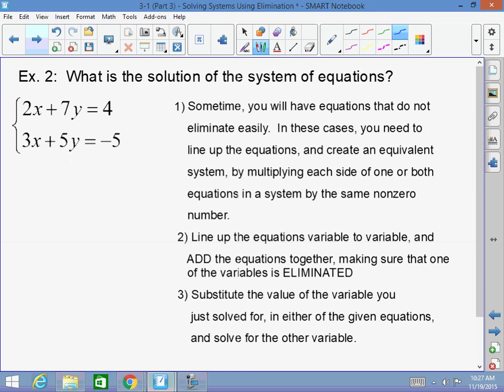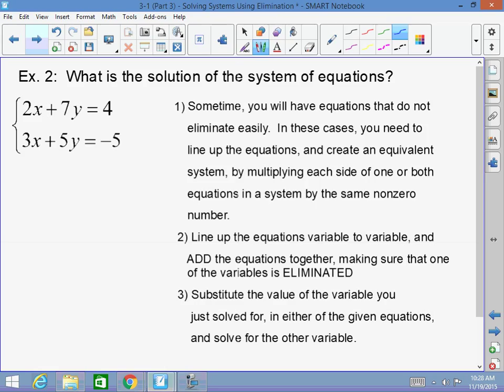Now sometimes, guys, they're not going to be nice and pretty lined up like it was before. Sometimes you will have equations that do not eliminate easily. In these cases, you need to line up the equations and create an equivalent system by multiplying each side of one or both equations in a system by the same non-zero number.